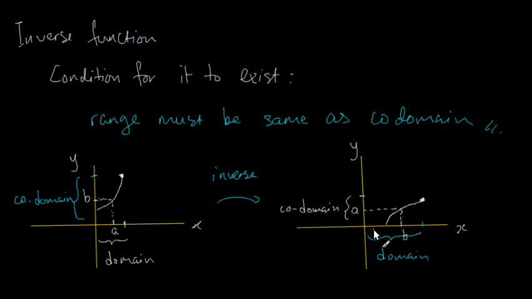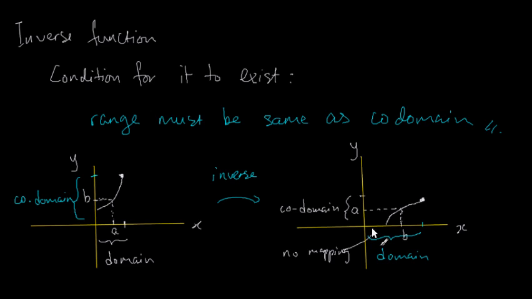with no value, with no mapping. If I have a value here, there's no graph above it for me to find an answer to this function.